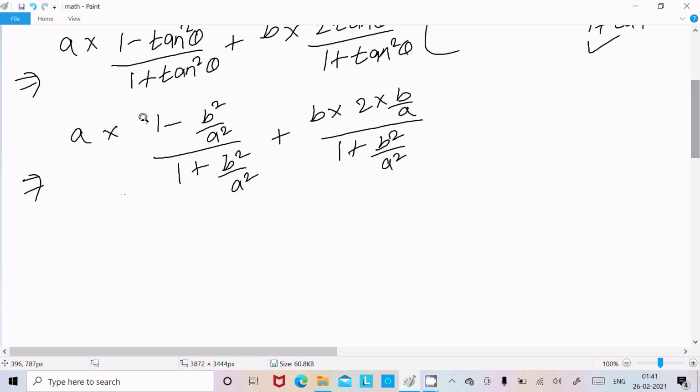Now just solve this and you will get the correct output.